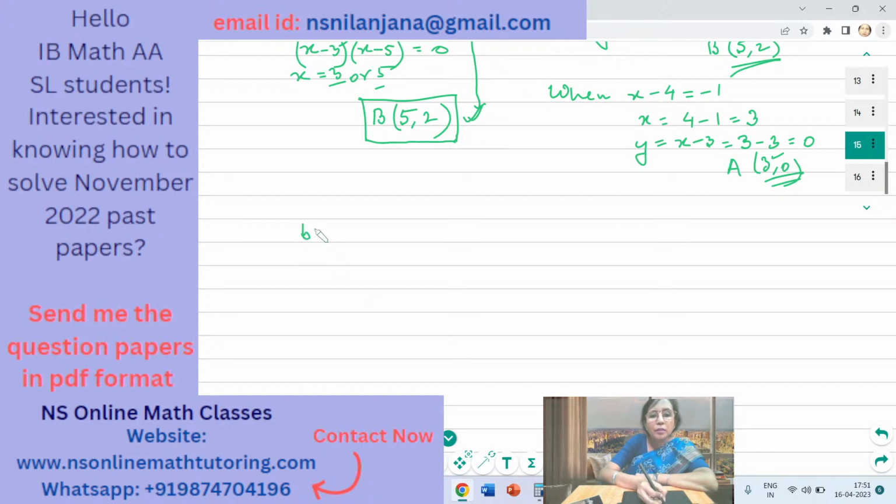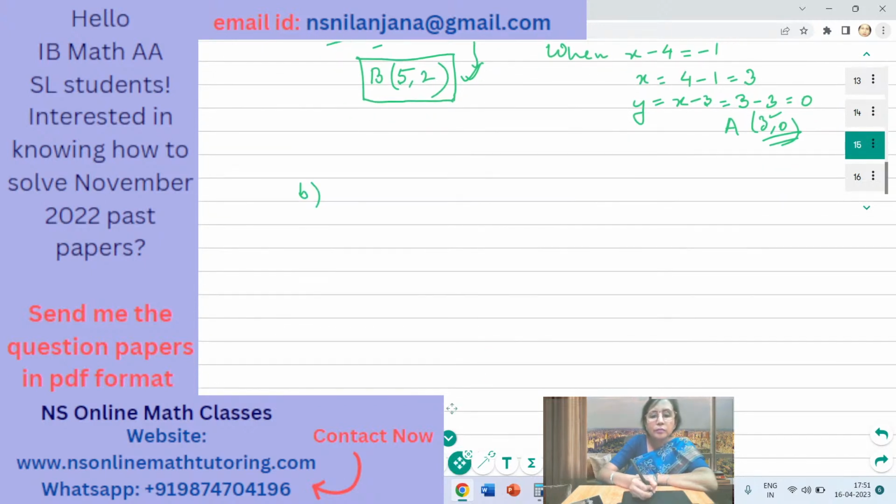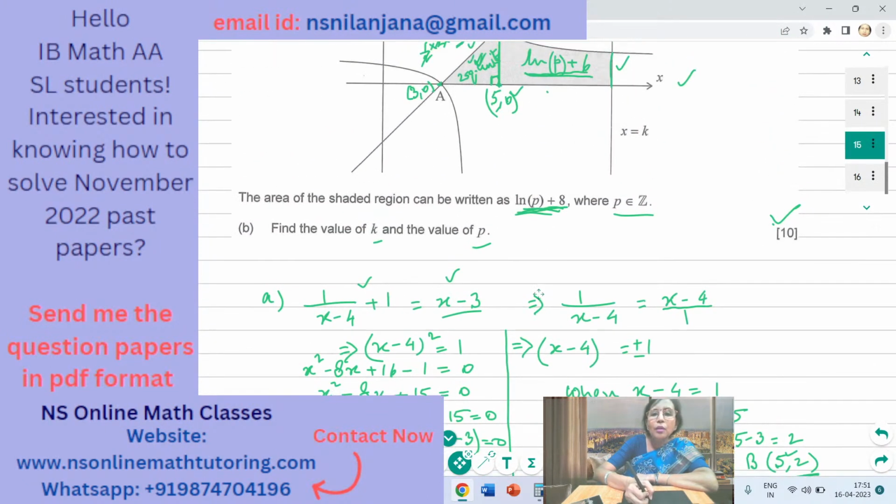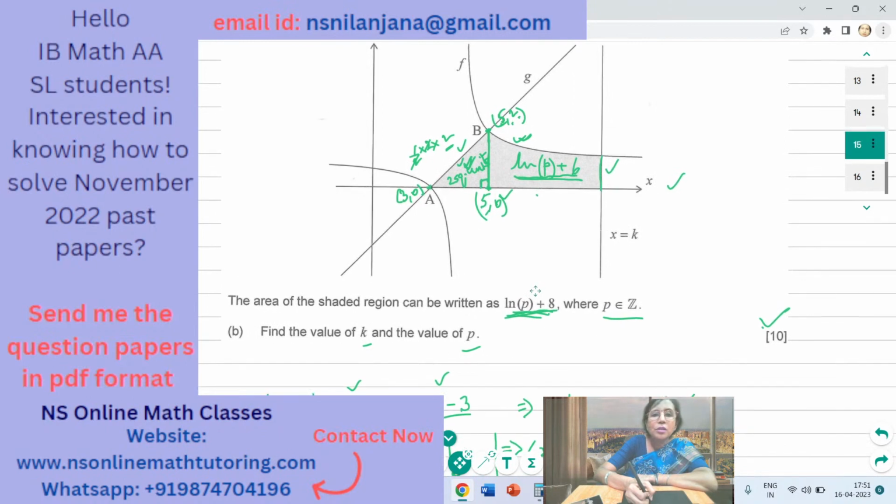So we start over here. It was from 5 to k. I'll be showing once more. And the expression was 1 over x minus 4 plus 1. Let me show you. And also the limits.